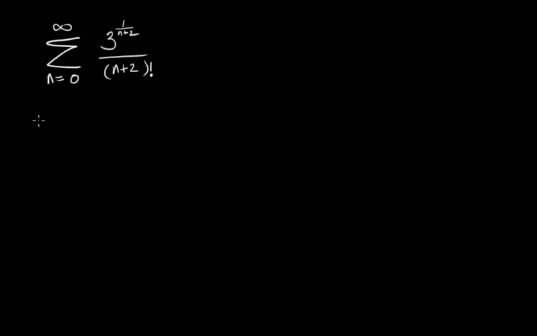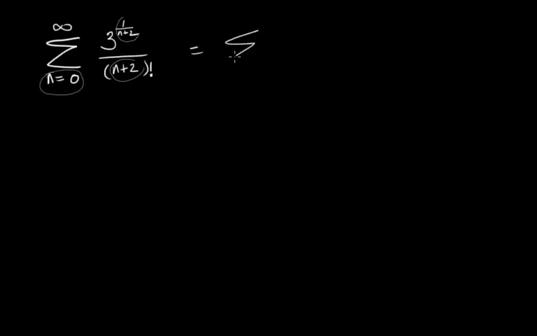Here's an example where you might want to simplify what's inside by making the n plus 2 factorial into n factorial. So you might think, I'd like to write this a little bit differently, and I would subtract 2 and make it n factorial, and then subtracting 2 from n plus 2, I would get 1 over n. But if I subtract 2 in there, I have to add 2 to the starting index.